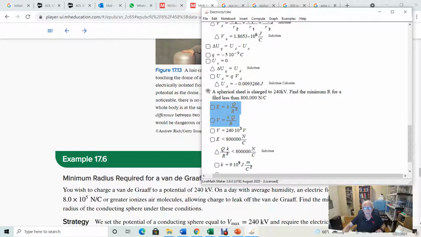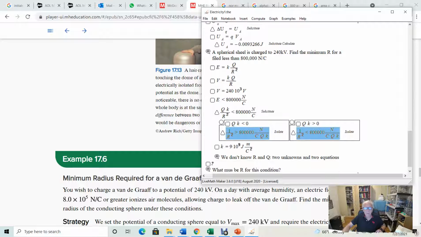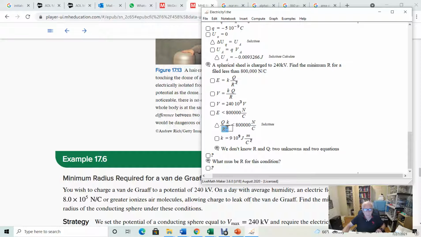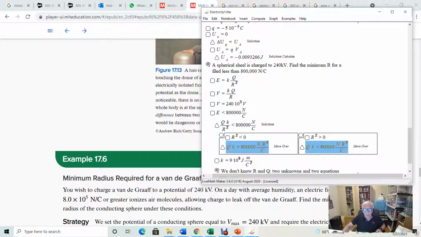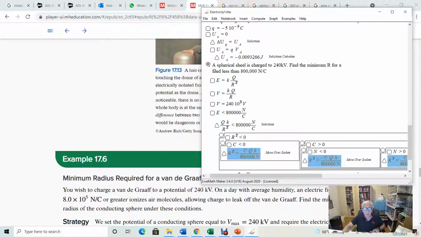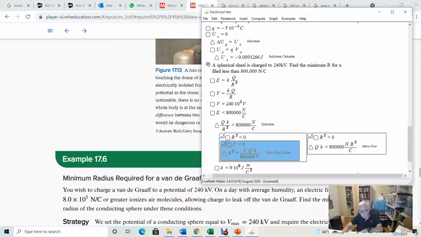So I want to find out what is R, right? R squared must be greater than this value.